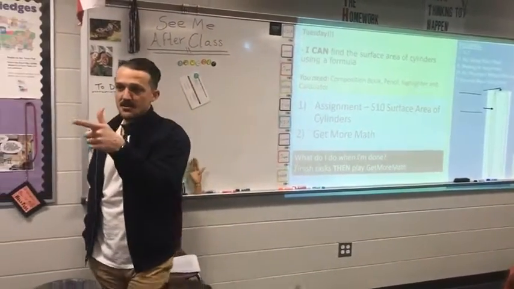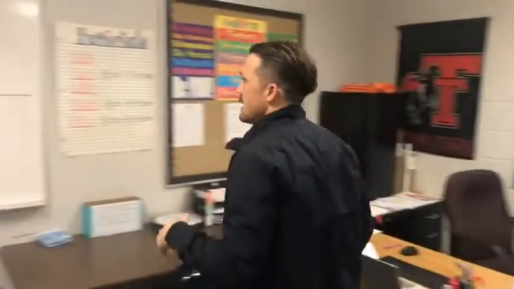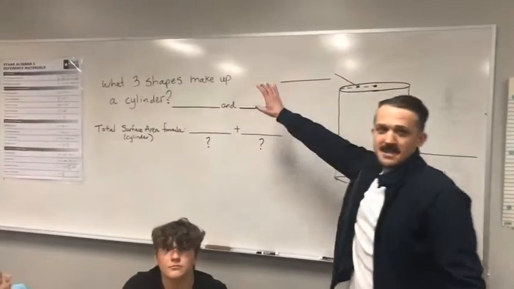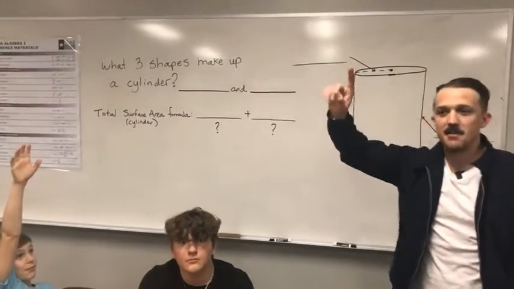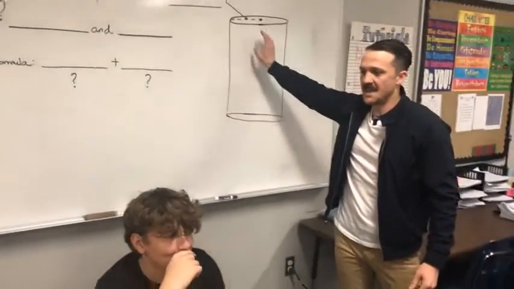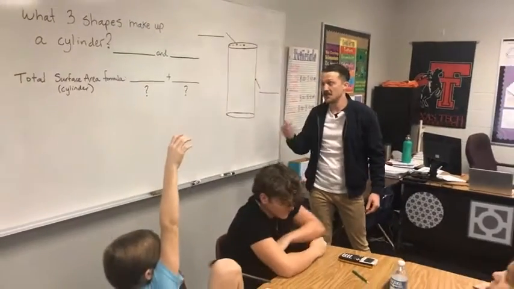So the first thing I'm going to do is come over here to this whiteboard. I already got some stuff written up here. We got a cylinder, and we got some fill in the blank stuff, so I need a volunteer to come up here. First thing I want is for us to label this cylinder, the key components of a cylinder that we need to find both the lateral and total surface area.